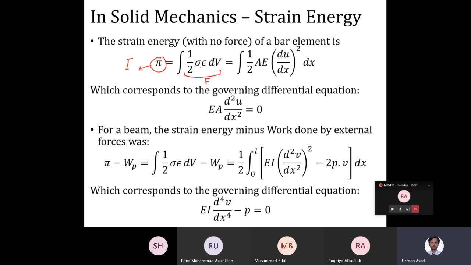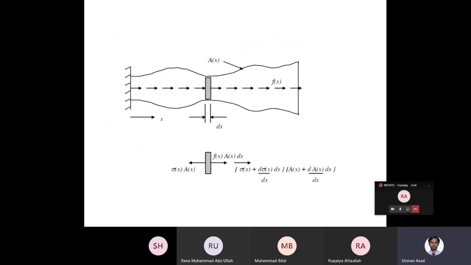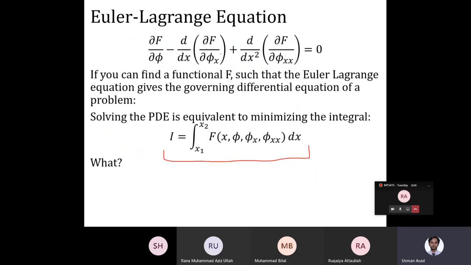ठीक है? So इसमें if I plug in stress और strain की जो values हमने पहले देखी थी, और dv को मैं instead लिख दूं A into dx. ठीक है? So this now becomes my f, right? So this is f dx, integral of f dx. ठीक है? So I want to plug this f into the Euler Lagrange equation. ठीक है?